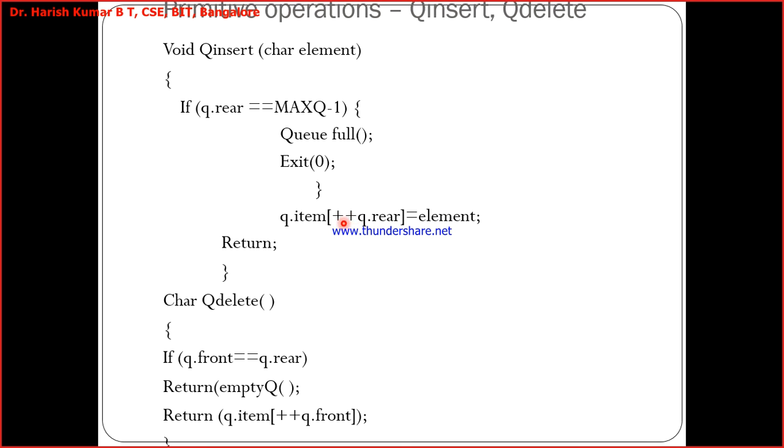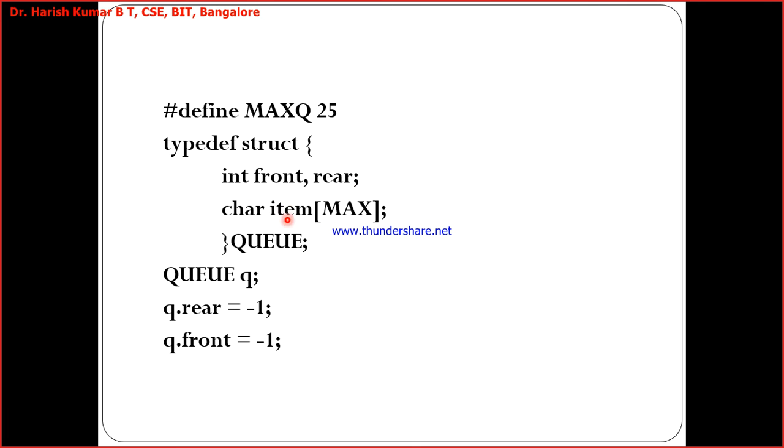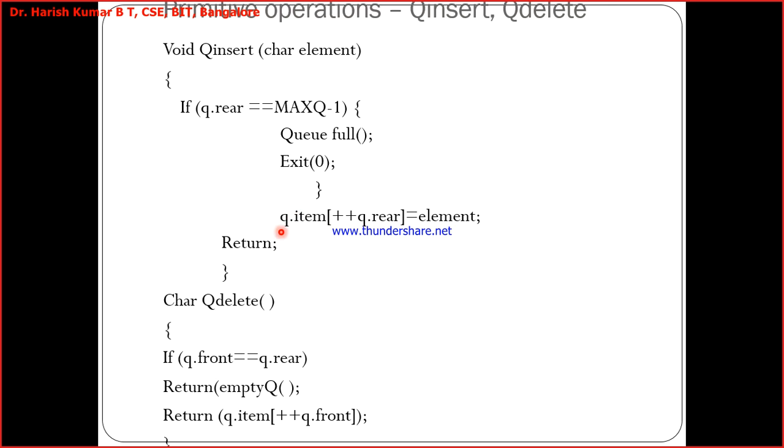Earlier you used to add it as s of ++top is equal to element, but now this array is also inside the structure. How to access this array? Items, so again you have to say q dot items, and inside that you pre-increment the rear and add the element. To access the rear, again q dot rear.